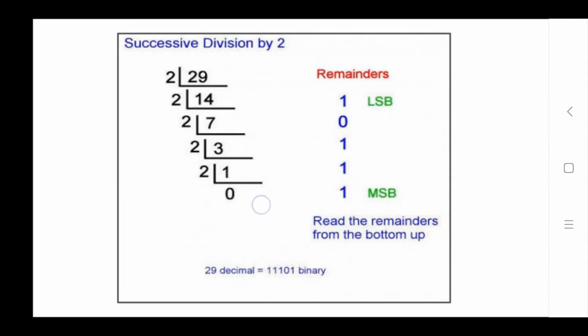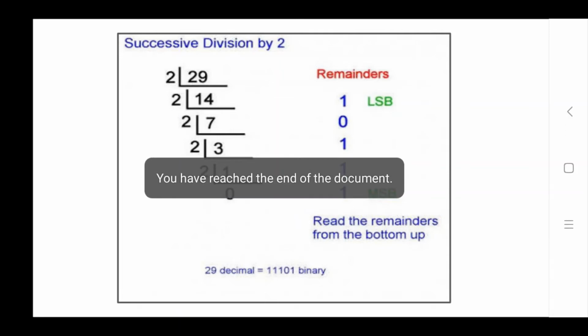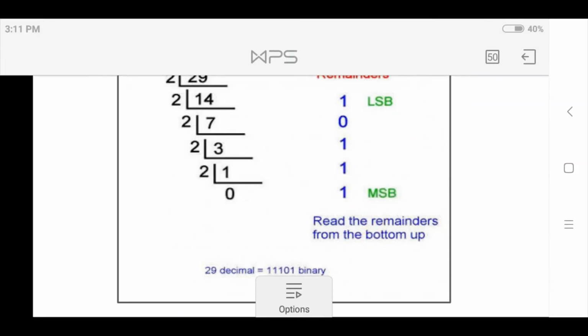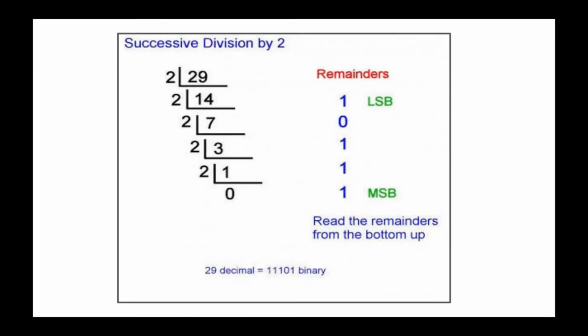Now see here, read the remainders from the bottom up, from MSB to LSB. MSB means most significant bit and LSB means least significant bit.